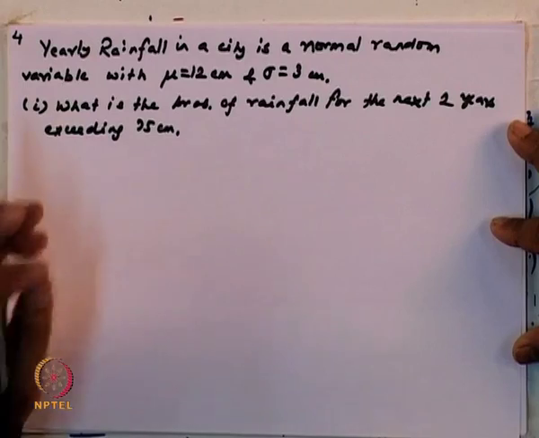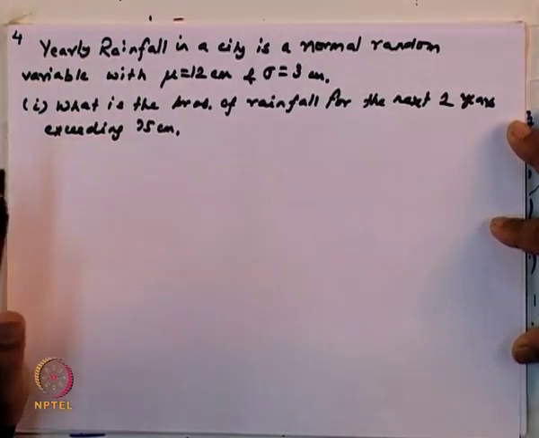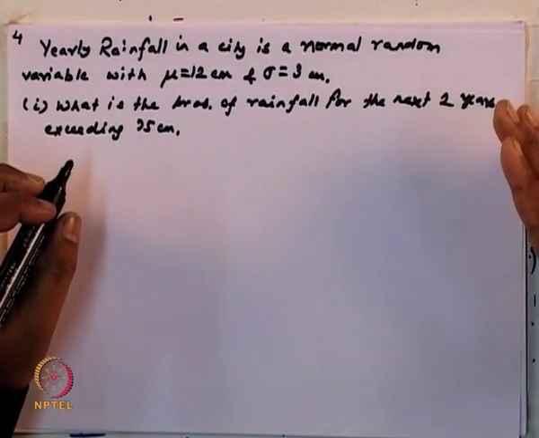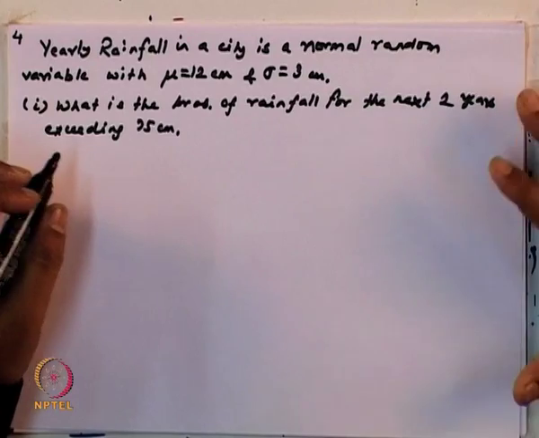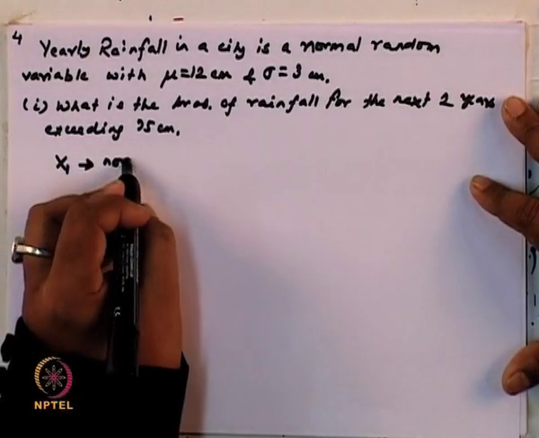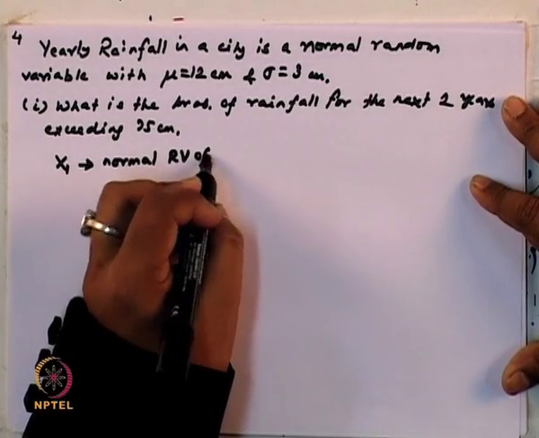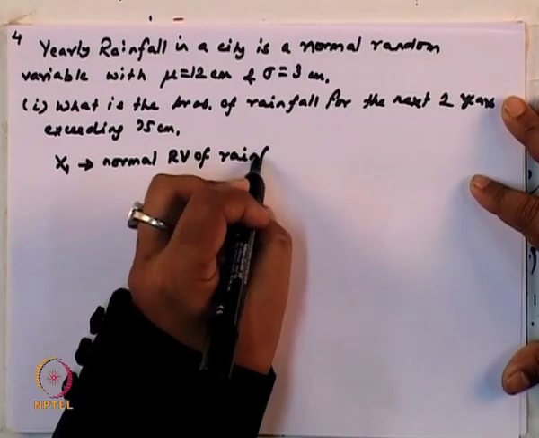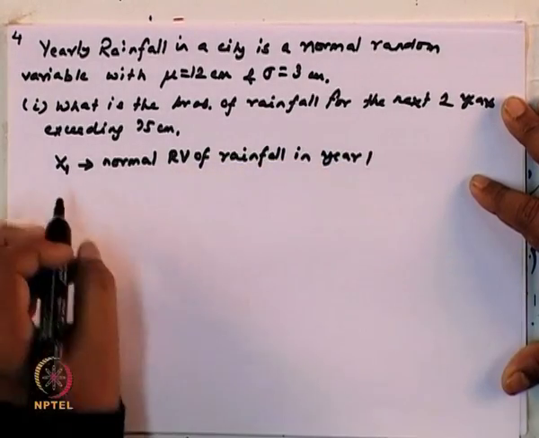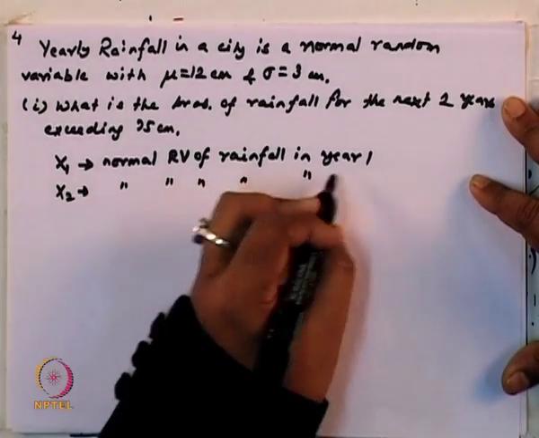What you see here is that since the rainfall in a given year is a normal random variable and there is no correlation between the rainfall in a given year and the rainfall in the next year, you can assume that the rainfall in each year is a normal variable and these variables are independent of each other. So I can write x1 is the normal random variable of rainfall in year 1, and x2 is similarly the normal RV of rainfall in year 2.